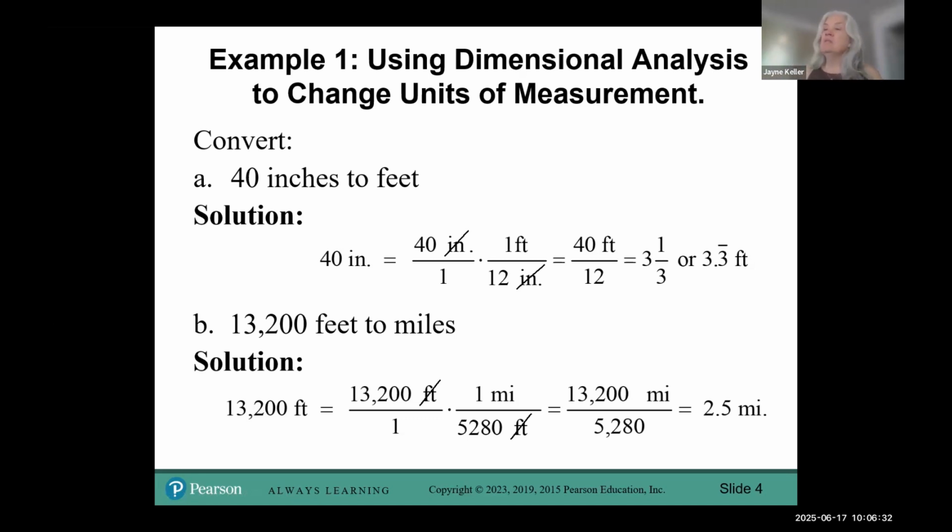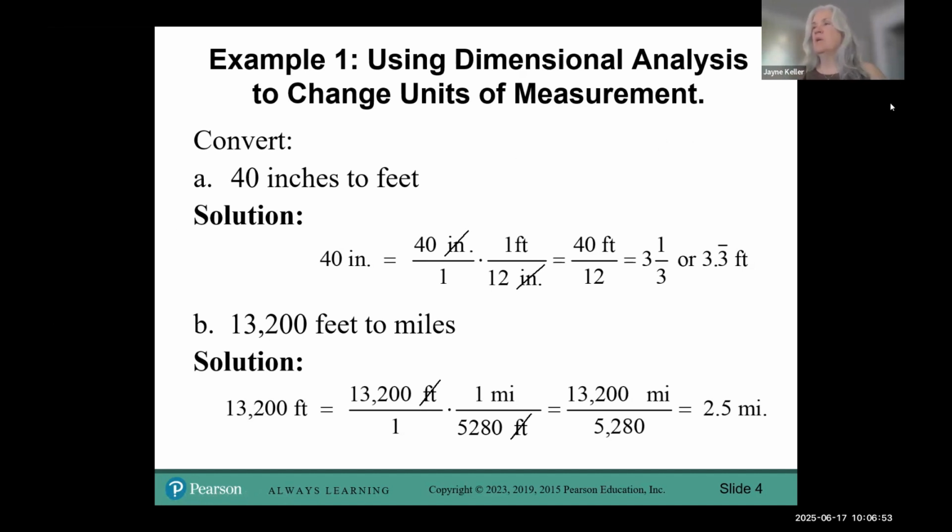And then let's do an example where I want to convert inches to yards, or just to make the arithmetic simpler, I'm going to convert 72 inches to yards.